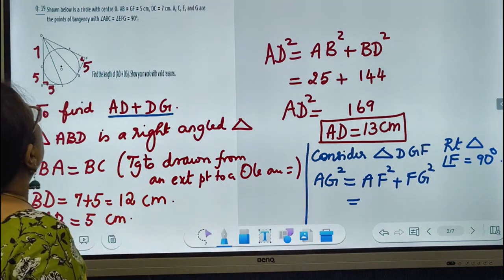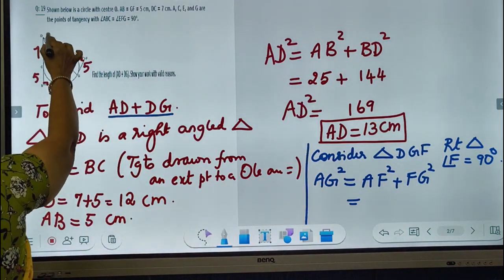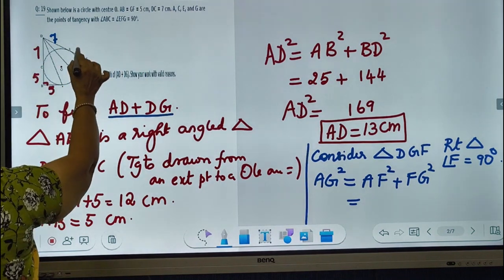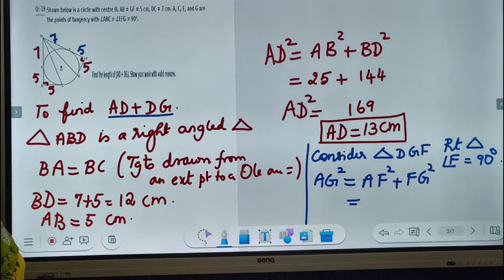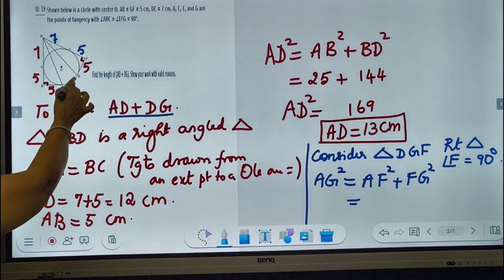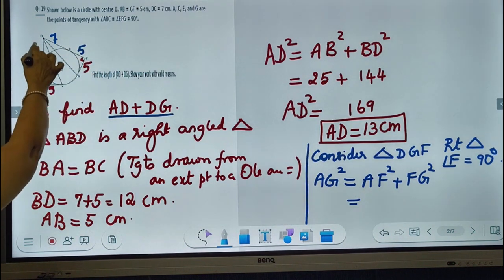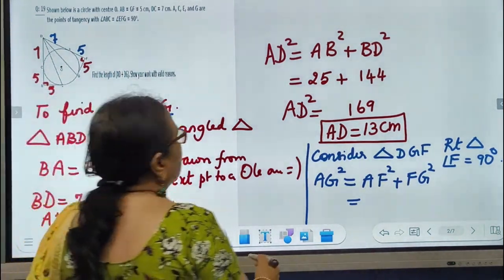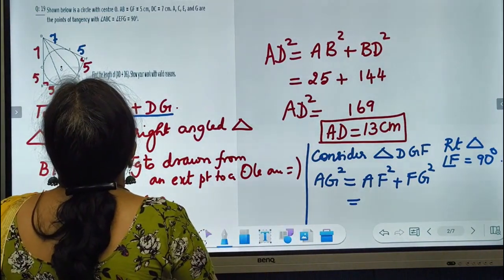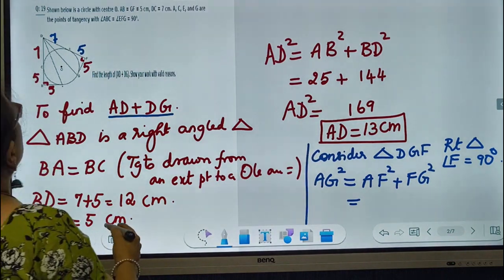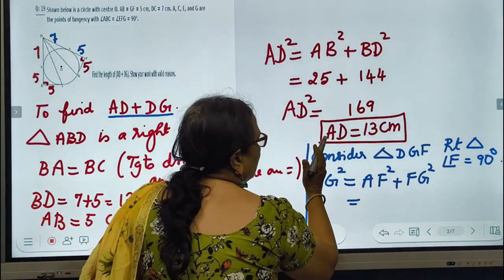Now what is AF? See, if this is 7, this is also 7 because tangents drawn from D to the circle are equal. If this is 5, this is also 5 because tangents drawn from F to the circle are equal. So FE equal to FG, DE equal to DC. Sorry, we need to find DG square, not AG square.